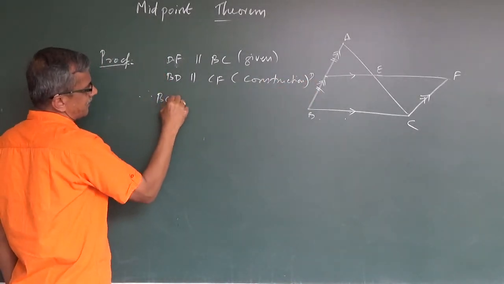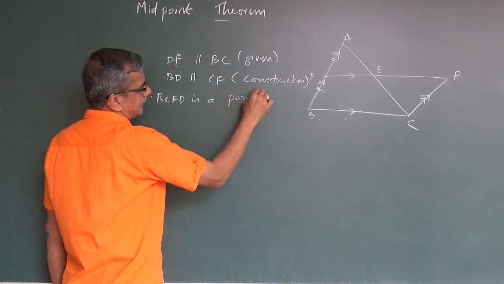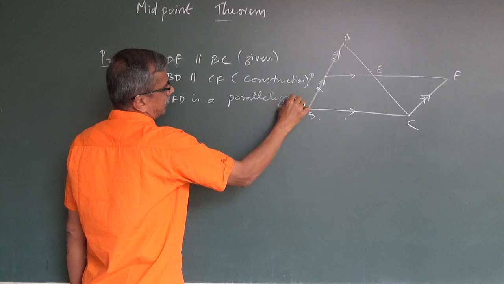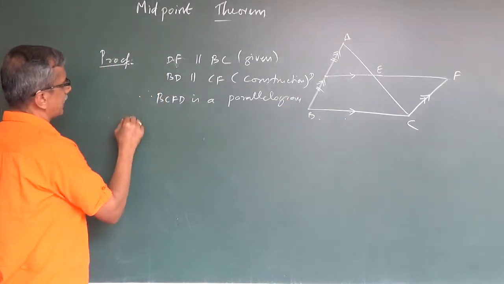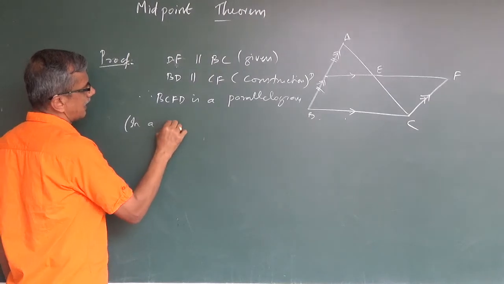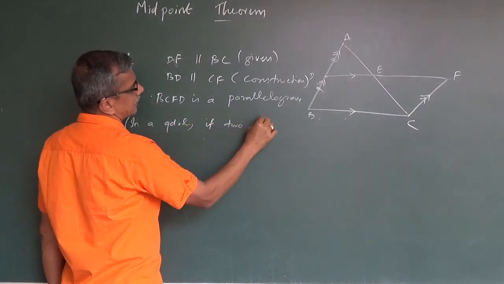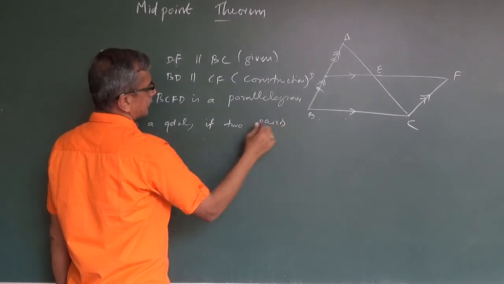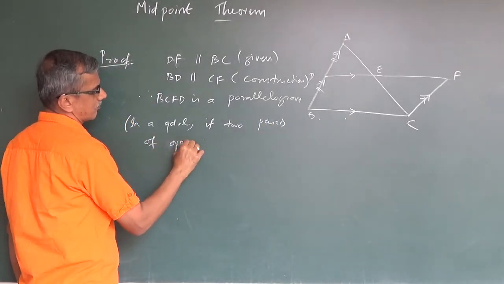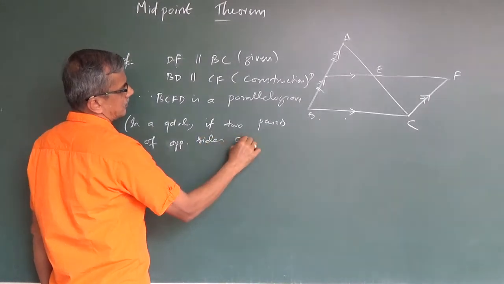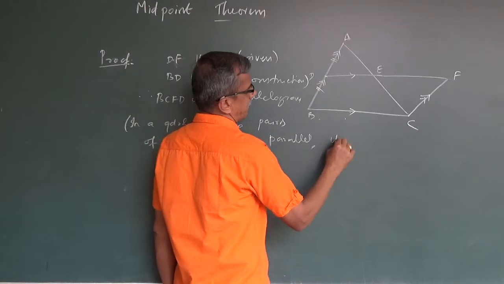Therefore, BCFD is a parallelogram. That is, in a quadrilateral, if two pairs of opposite sides are parallel, it is a parallelogram.